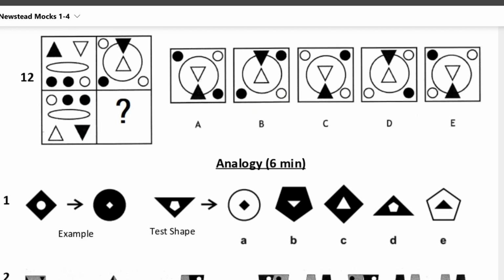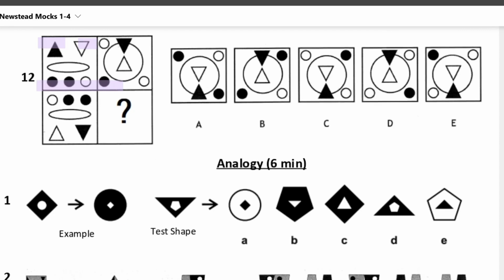For question 12, the way I look at it, we are going to take this configuration, these outside shapes. Let me highlight which ones, these and that, and we are going to rotate those by 90 degrees anti-clockwise, which means we end up with these black dots over here, and we change this black triangle all the way to there, which means we're going to do the same thing.